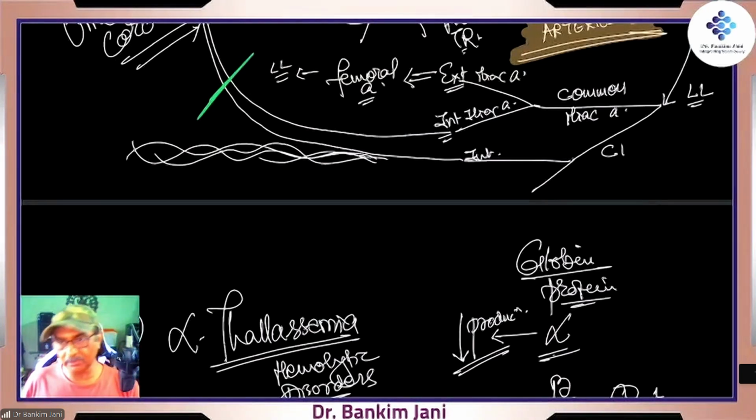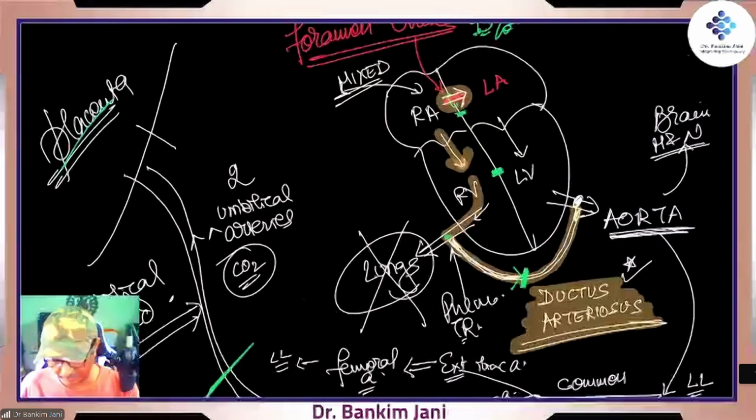Yes, the blood is also getting mixed from the right ventricle and left ventricle. This was just in case there is a gap, in the form of a ventricular septal defect. It's called VSD, ventricular septal defect. Normally, there is no ventricular septal defect. It's fine.